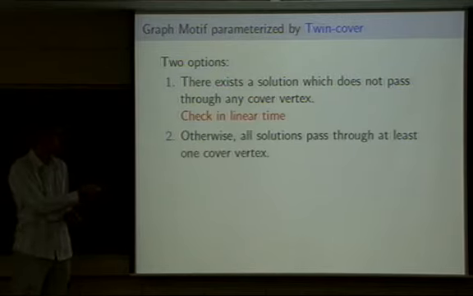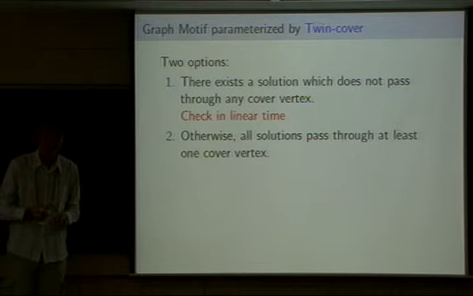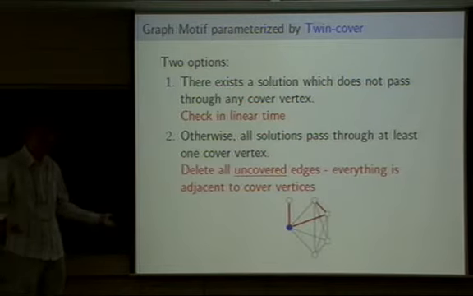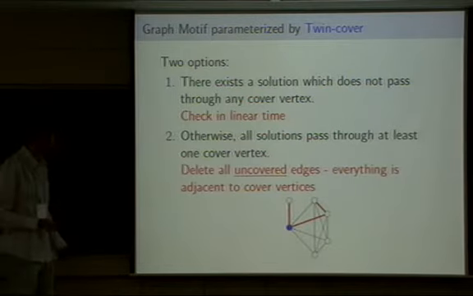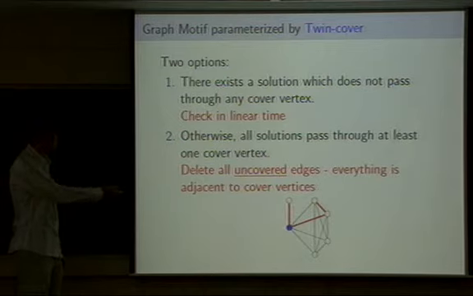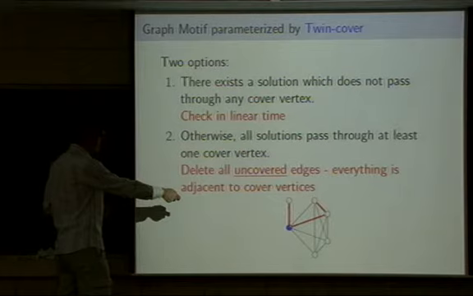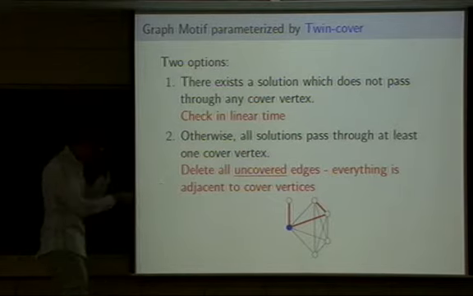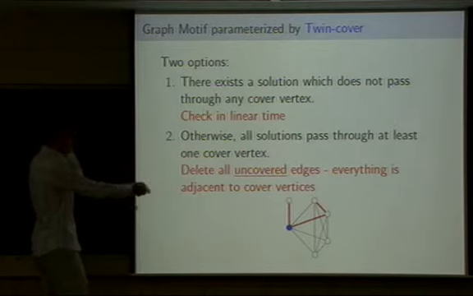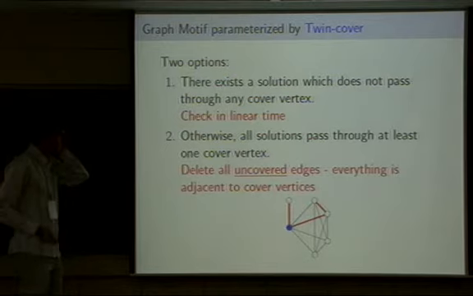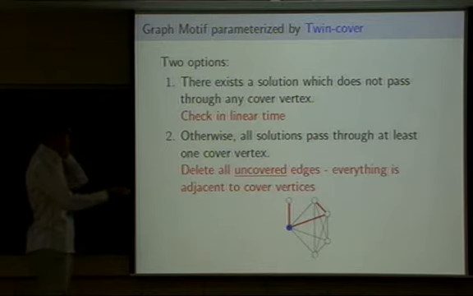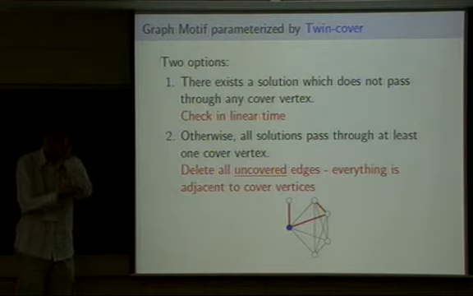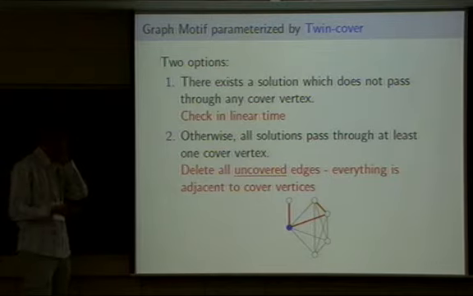Or it goes to at least one cover vertex, but then we don't care that it's twin cover, we just solve it as vertex cover. So basically we can delete all of these twin edges because they don't do anything, because we can just use the edges which go out from the cover vertex. So the fact that it's a twin cover, not a vertex cover, doesn't add any complexity.